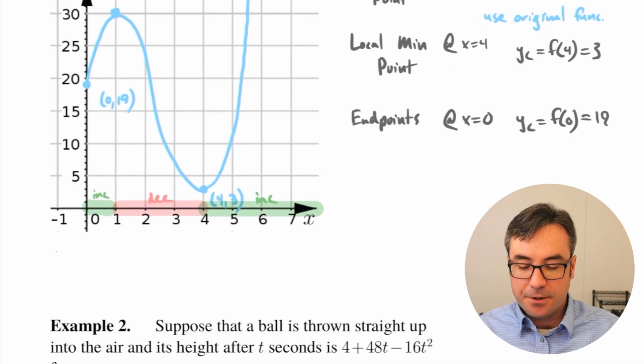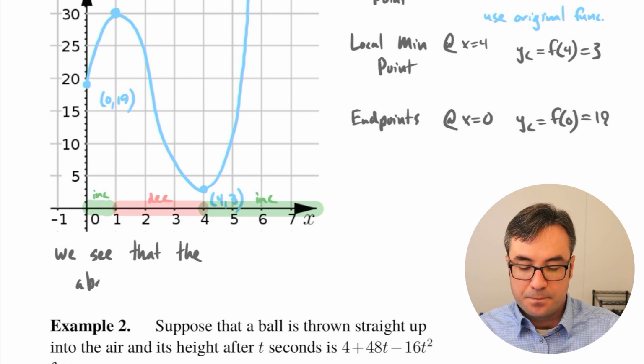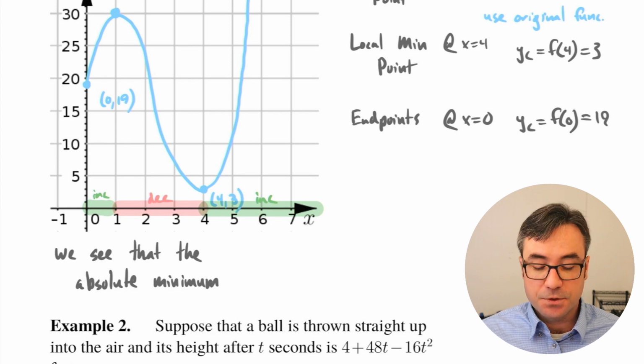So what we see here is that the absolute minimum occurs at x equals 4.